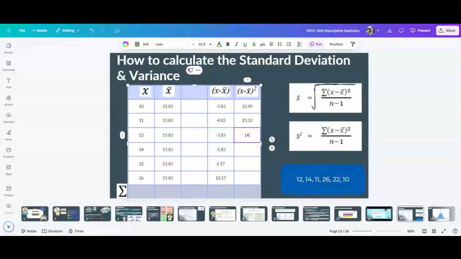14.67. Correct. Okay. The next one would be 1.83 squared. 3.35. Correct. Lovely. Okay, nearly there. 6.17.